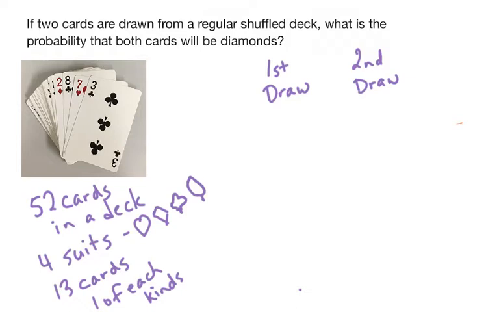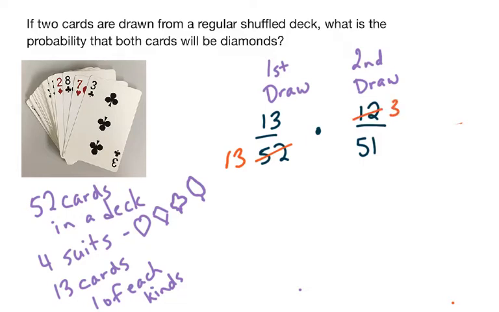So our first draw, we've got 13 out of 52 cards are diamonds. Our second draw, we do 13 minus 1, which is 12, and 52 minus 1, which is 51, and we're going to multiply. Then we reduced a little bit. We did 52 and 12 divided by 4, which gave me 13 here and 3 here.